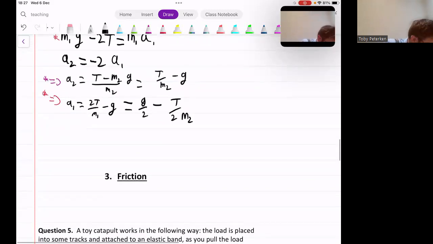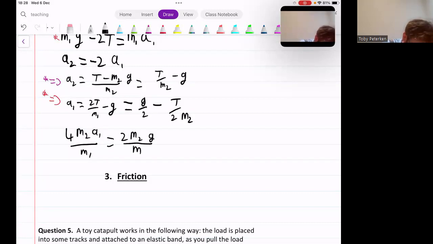So we can rearrange this to get 4 m2 a1 over m1 equals 2 m2 g over m1 take away 2T over m1.